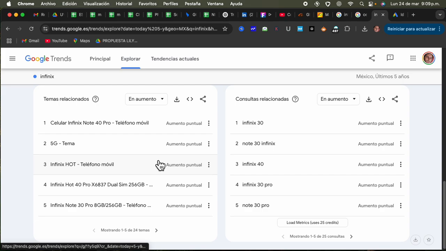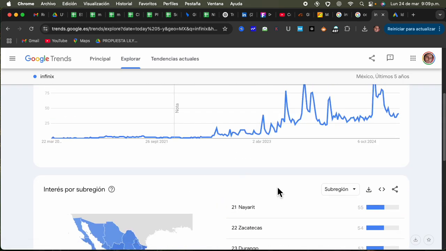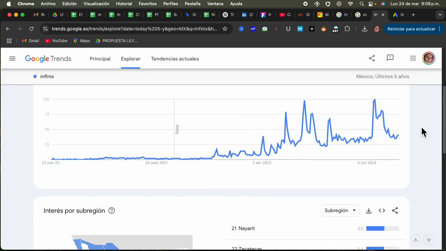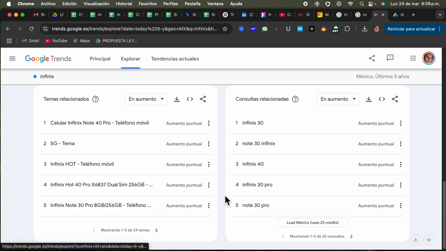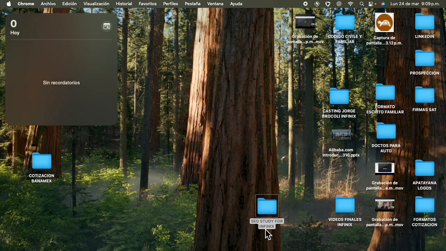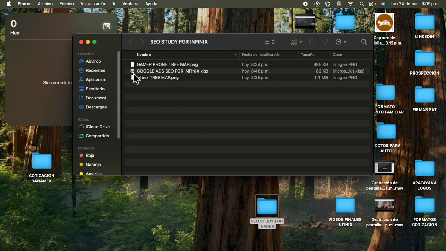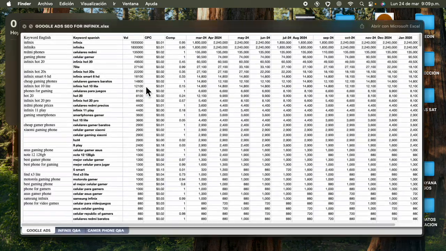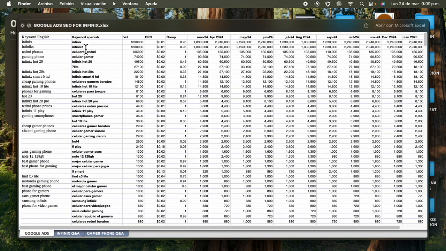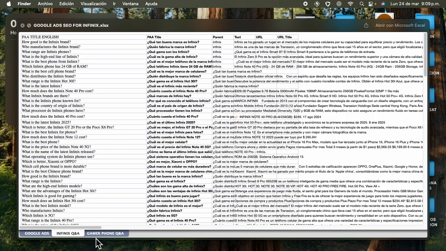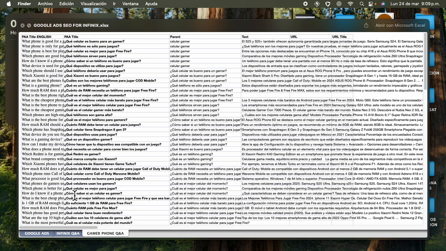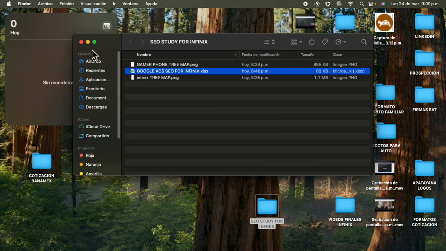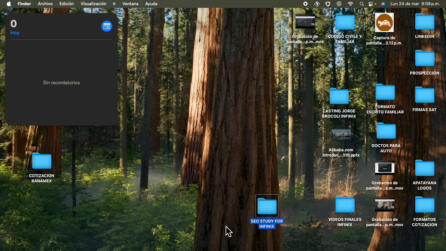But I think it's important to use this data to see how the trend is and to create specific videos based on the data. But the most important data is the one I showed you here, that I'm going to send to you. This one. The keywords that we should be using, and the questions and answers we should be answering or making content about. So this is all.